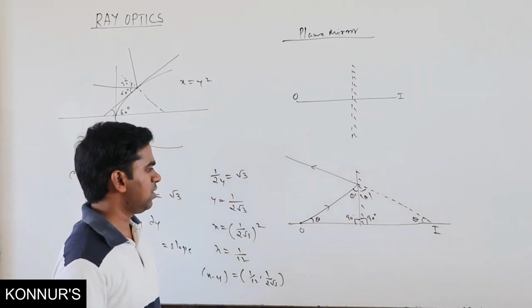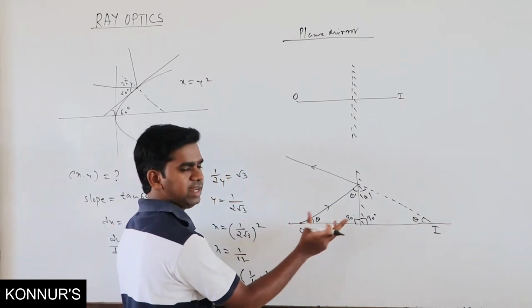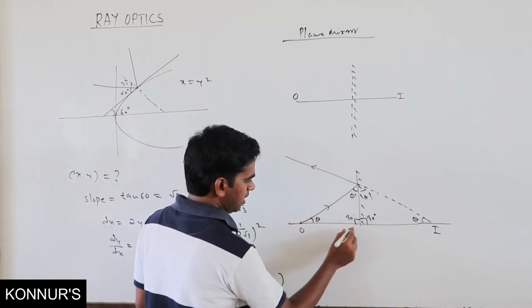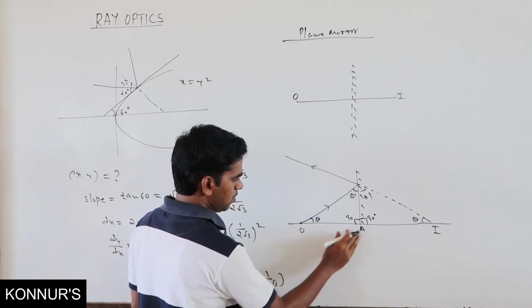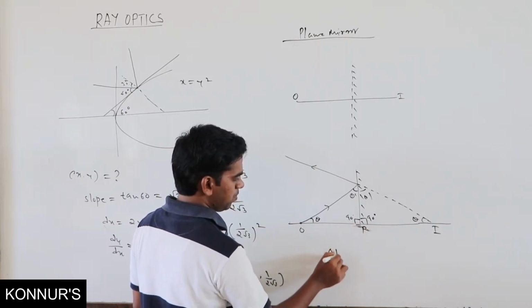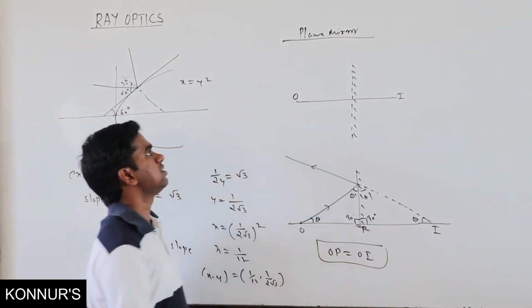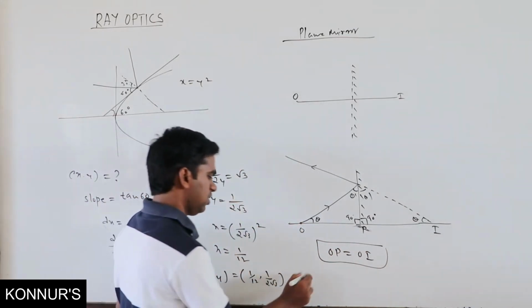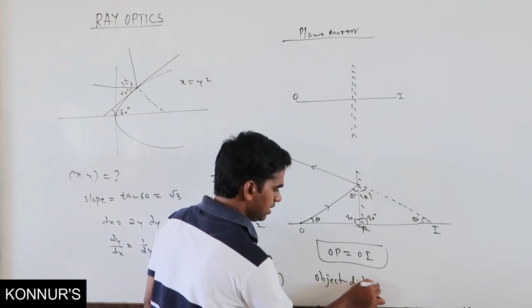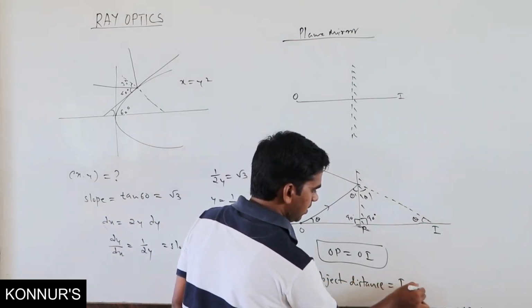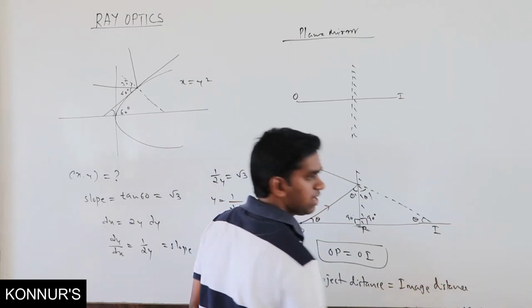Now these two triangles are congruent, so their sides are also equal. If you take this as some point A, and O you will take as pole P, so OP equals OI. That is a very important characteristic of a plane mirror: the object distance is equal to the image distance.